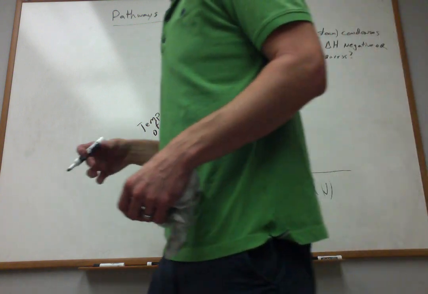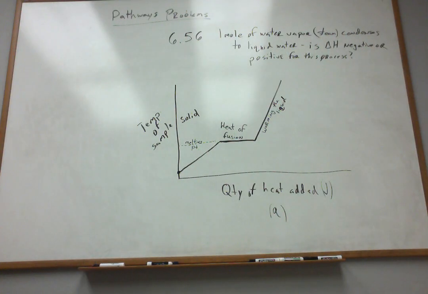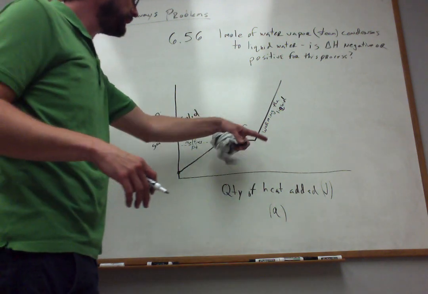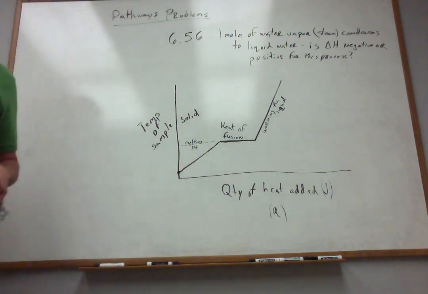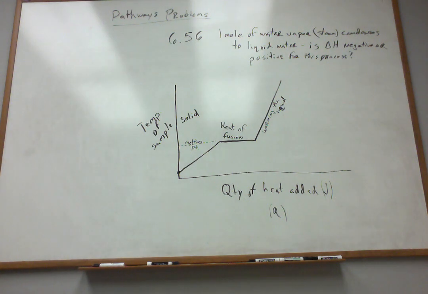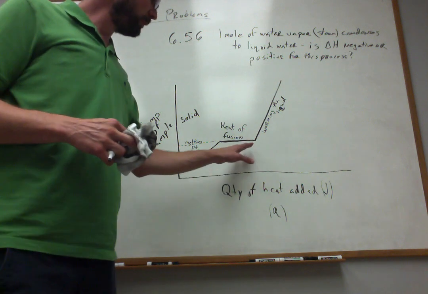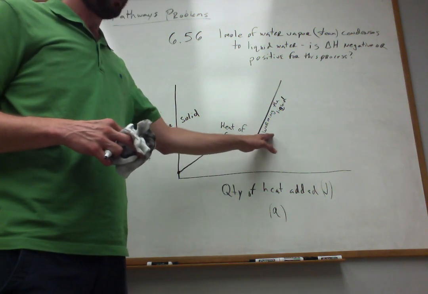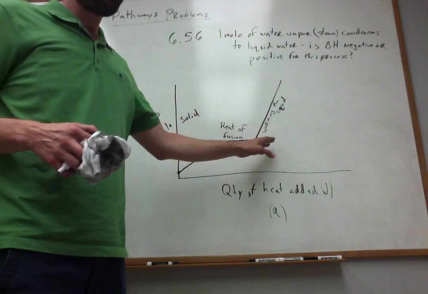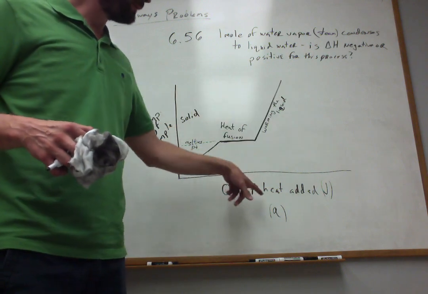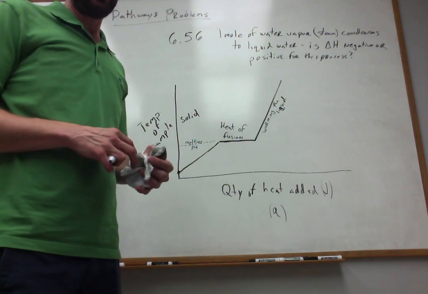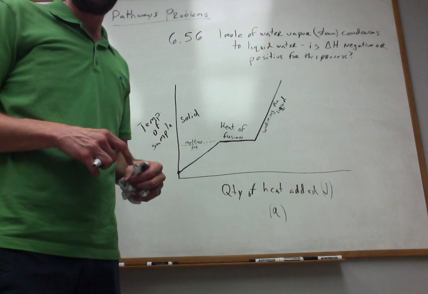So we've melted it, and now we're going to warm up the resultant liquid. It's going to have a different slope than the one over here, and that's why I purposely exaggerated the slope there, okay? But we keep adding heat. After we've melted it all, the liquid will start to warm up. So the temperature will rise as we add more and more heat energy, okay?